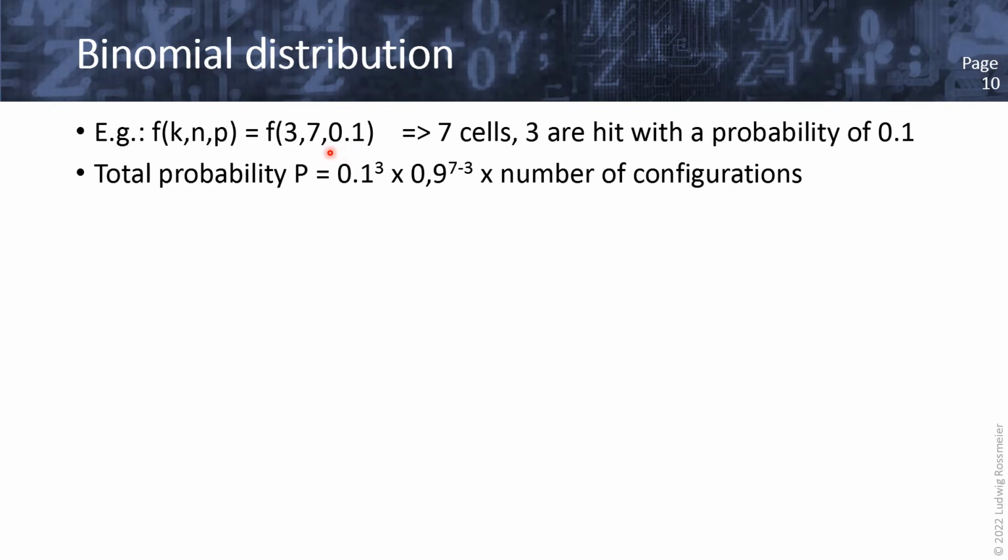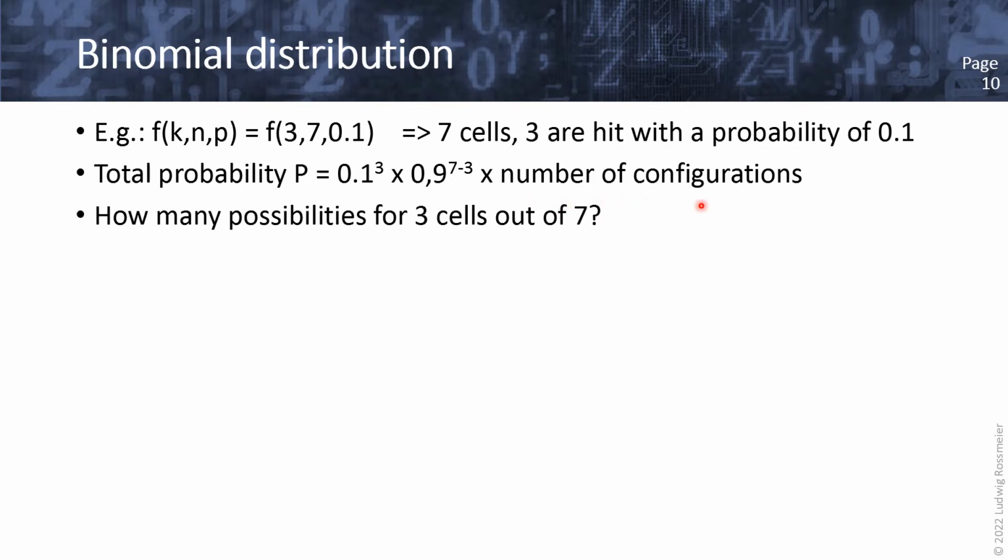The total probability of having 3 cells hit is 10% to the power of 3 times 90% to the power of the remaining 4, multiplied with the number of configurations of how we can come to 3 hit cells.